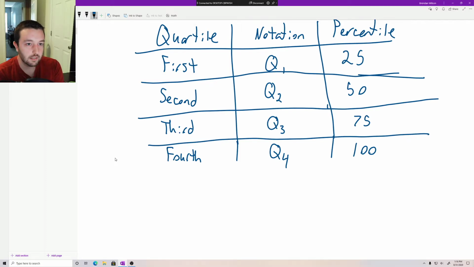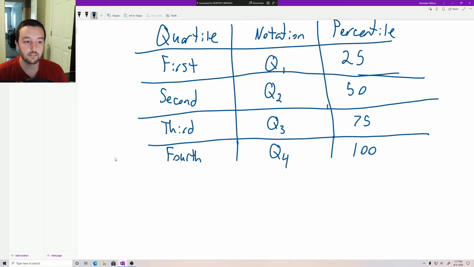Well, we typically want to use percentiles when we're trying to compare the data among each other, right? With the standardized test, we don't want to tell you how well you did on this test. We want to tell you how well you did in comparison to everybody else. Meaning, where do you stand in comparison to everybody else? Where exactly is your knowledge in this particular subject compared to other people?